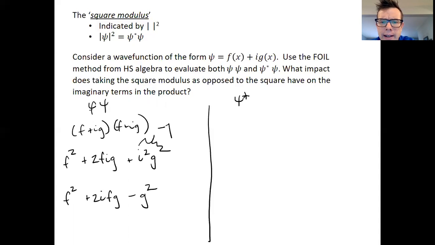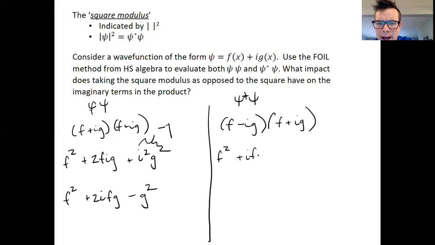Conversely, if I take the square modulus psi star psi, as I just derived, the complex conjugate of f plus ig is f minus ig. When I do FOIL, I get an f squared plus ifg minus ifg minus i squared g squared.